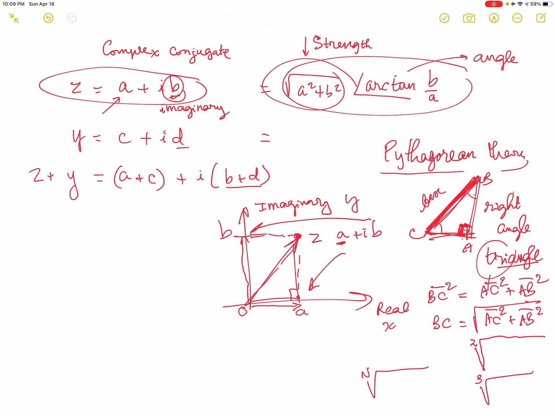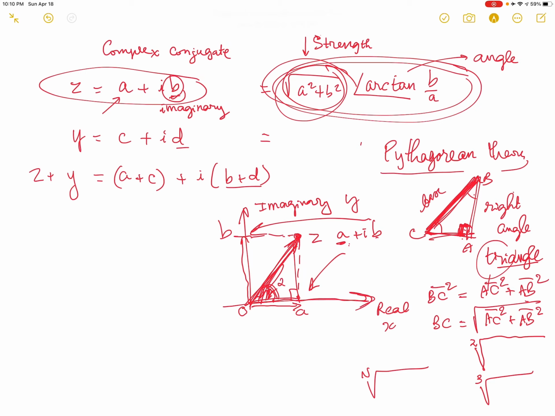So, so much for the complex number z equals a plus ib, where the strength is recorded here. And then let me talk about the angle. In this notation of a complex number, it is described with the strength and with the angle with respect to the lateral axis or the x-axis.